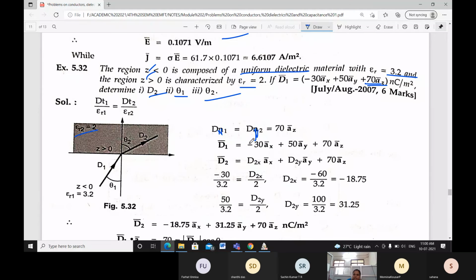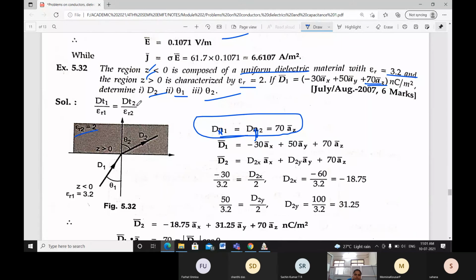Then D1 is minus 30 ax plus 50 ay plus 70 az, but we don't know what D2 is. Just write it as D2x ax plus D2y ay plus 70 az. For both it's given 70, because from this relation we can write it as 70 az.